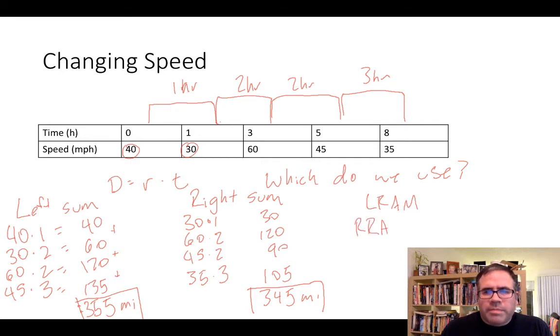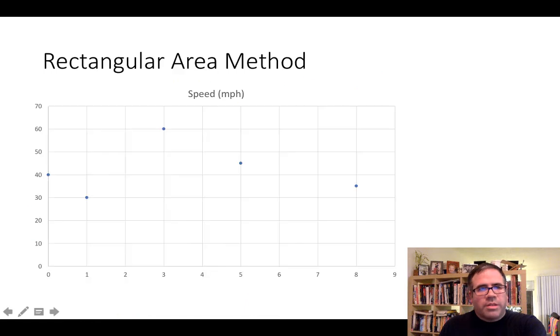And the reason that they're doing that is because the RAM in each of those stands for rectangular area method. So, if you were to take those points and put them on a graph, which I did, the method we did where we take the time interval and multiply it by the speed, that makes the area of rectangles.